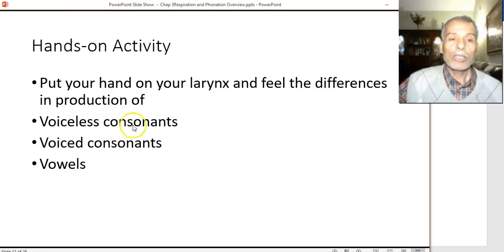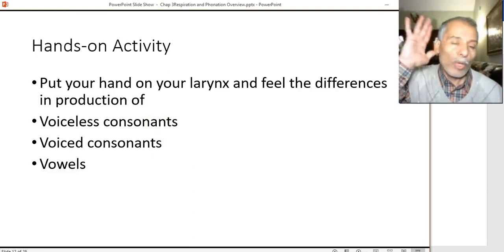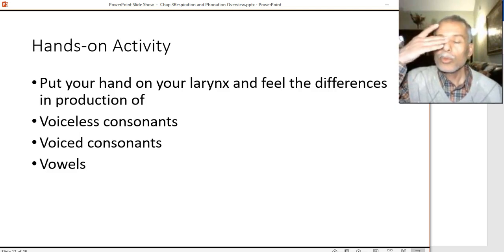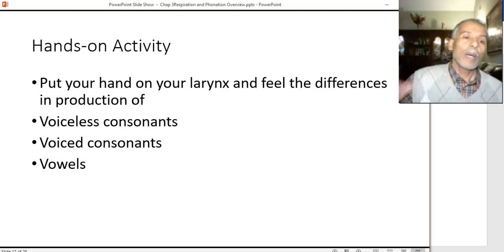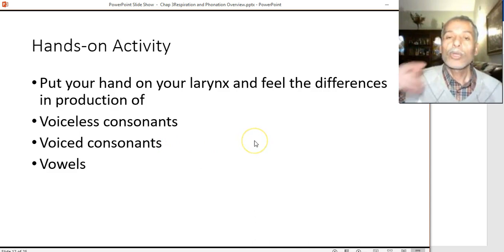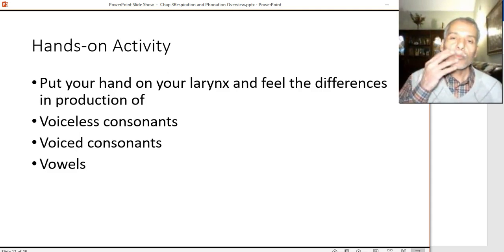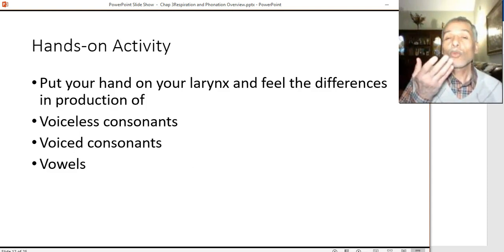So we have voiceless consonants, which are produced without vocal fold vibration, and voiced consonants, which are produced with vocal fold vibration in addition to noise in the oral tract. Like when I say s, sh, f, all of these are voiceless sounds produced in the anterior vocal tract with air pressure here, but that is noise.